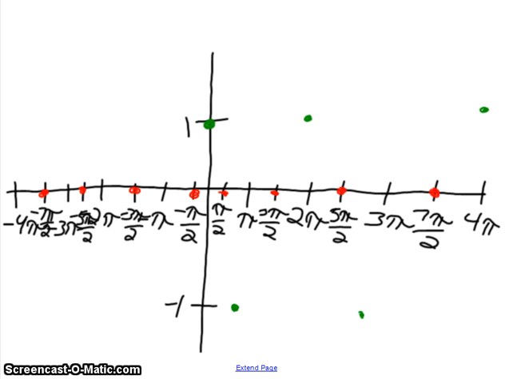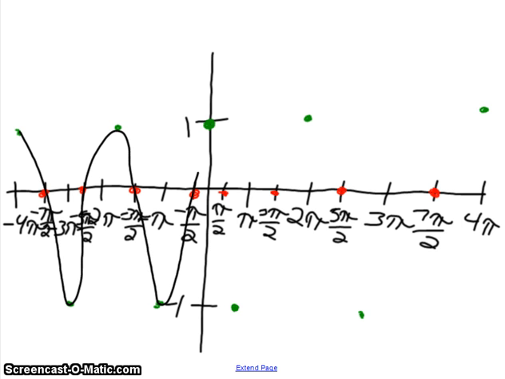Here I've got a maximum at 0, so I'm going to go in the negative direction. I've got a minimum at negative pi, maximum at negative 2 pi, minimum at negative 3 pi, maximum at negative 4 pi. And then we just use the sinusoidal curve shape to connect the points. That's it.